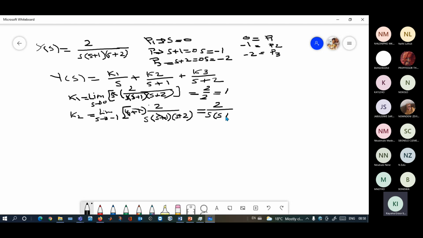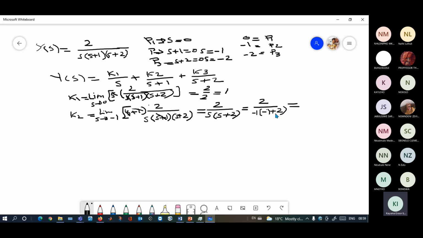Knowing that our s is equal to minus 1, we'll have 2 over minus 1 times (minus 1 plus 2).